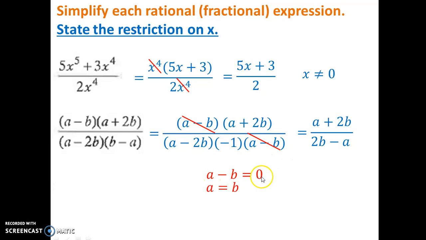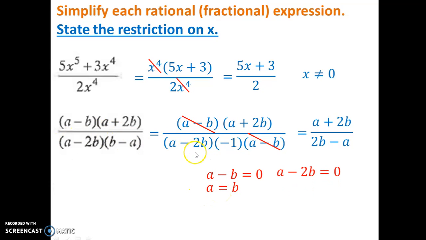I'd take that a minus b, set it equal to 0, then solve for a equals b. So when the a value is b, the bottom will be 0. So for example here, if you made this a value into a b, it would be b minus b, which would make this 0, and then the whole denominator would be 0. So a cannot be b.